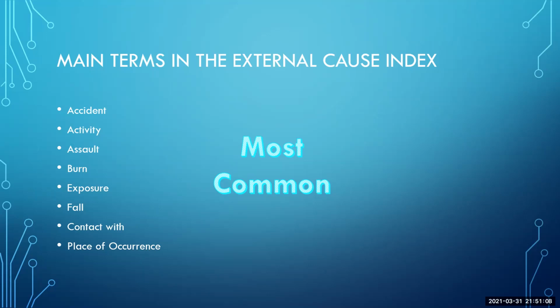Exposure is kind of a general category, but it has a lot of circumstances in there, and it relates to when an individual is injured due to their proximity to something else. So maybe they're not directly falling off of something, but maybe they are close to something that injures them.